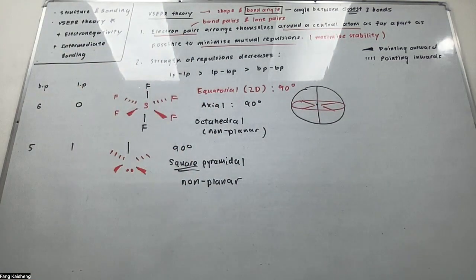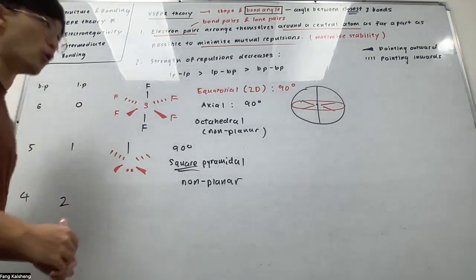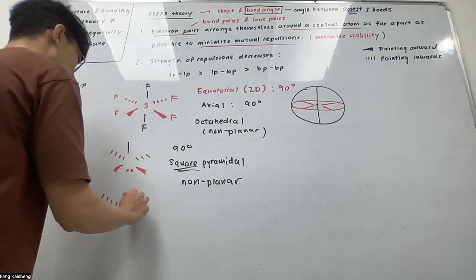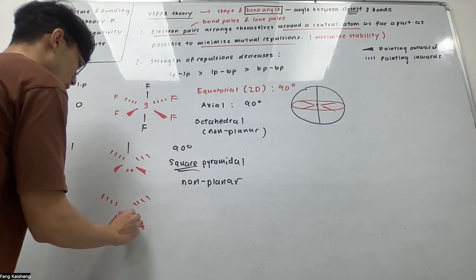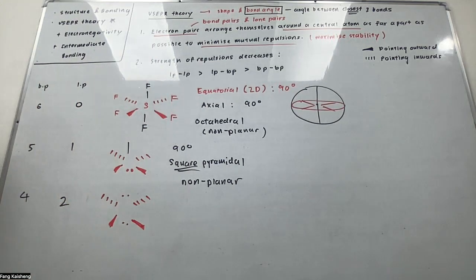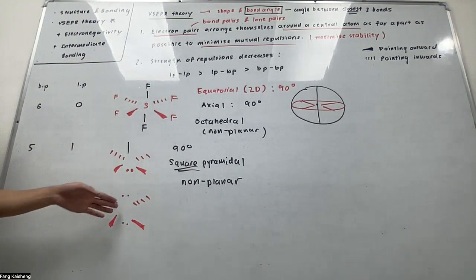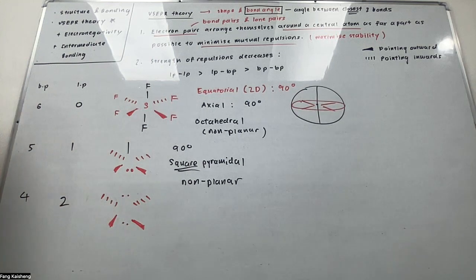The last shape is actually rather common as well. The last shape is 4-2, and for 4-2, I removed the north pole. So I hope you all can see what the shape looks like here. Two lone pairs. Is this planar or non-planar now? I only have the equator.